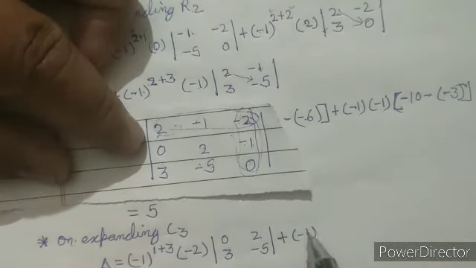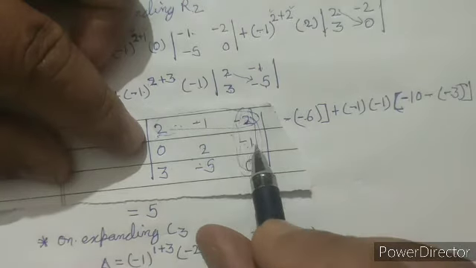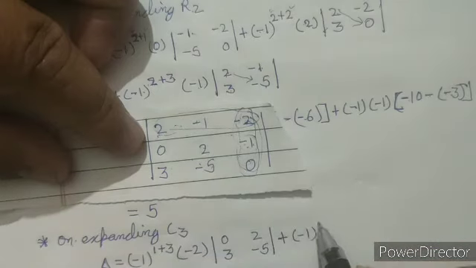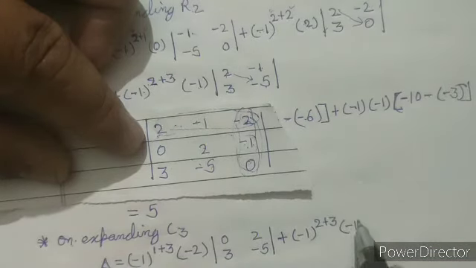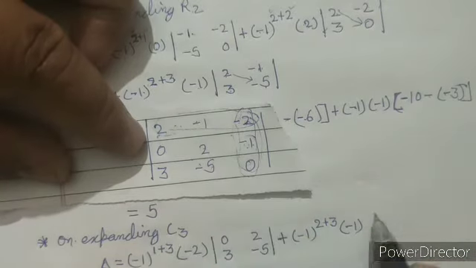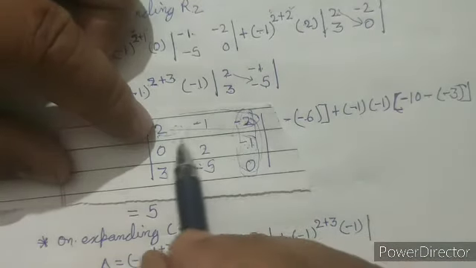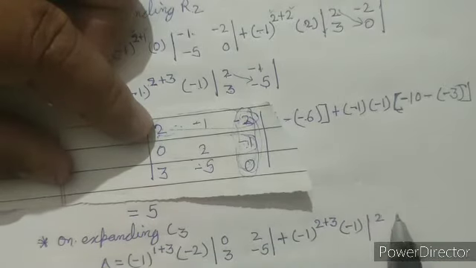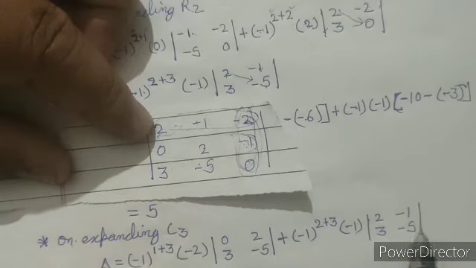Now this minus 1 is of the second row and third column. So this second row and third column into minus 1, the element was minus 1 into, now we will eliminate the row and column of minus 1, and that will give us 2 minus 1, 3 minus 5.